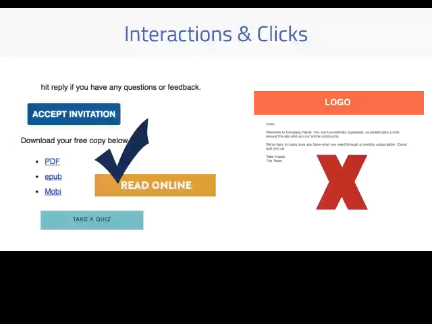Give them something, like a free copy of an ebook, that really entices the customer to click through and get whatever you're trying to sell, or if it's free, just give them something they want to interact with. Don't send an email that doesn't have any kind of call to action, because you'll never get clicks. If there's not much for them to do in the email, they might just move on to the next one.